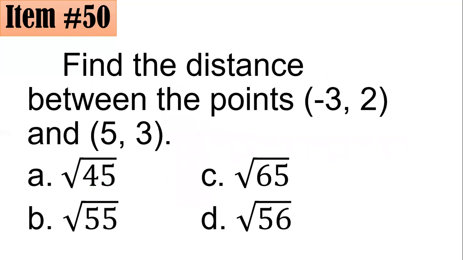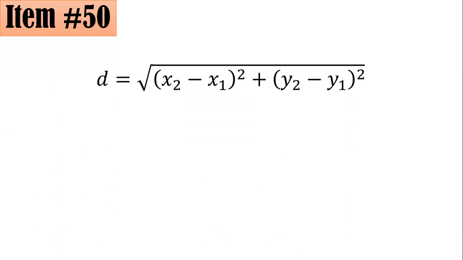Find the distance between the points negative 3, 2 and 5, 3. Did you go for square root of 45, square root of 55, square root of 65, or square root of 56? From here, you could actually utilize the distance formula. D equals the square root of the quantity x sub 2 minus x sub 1 squared plus y sub 2 minus y sub 1 quantity squared.